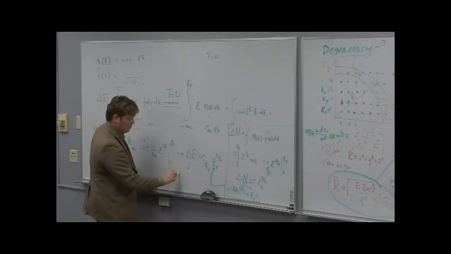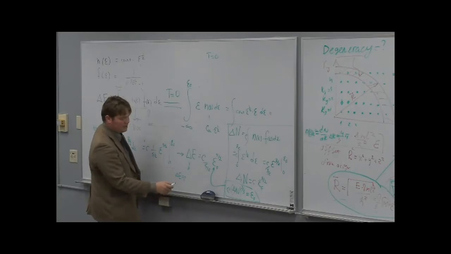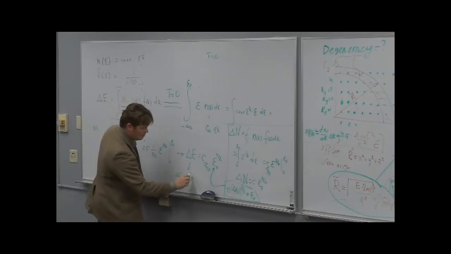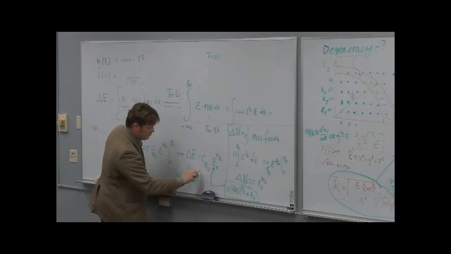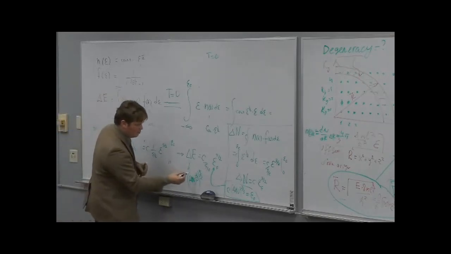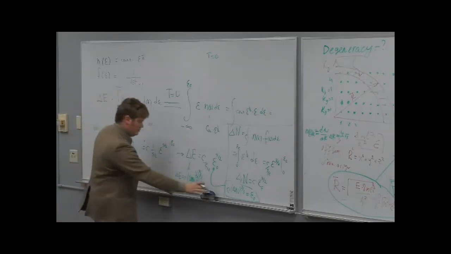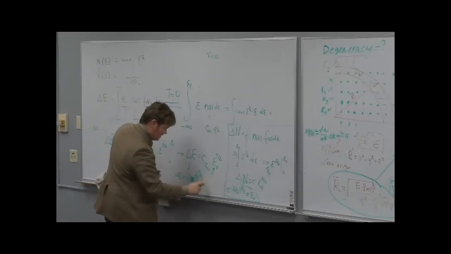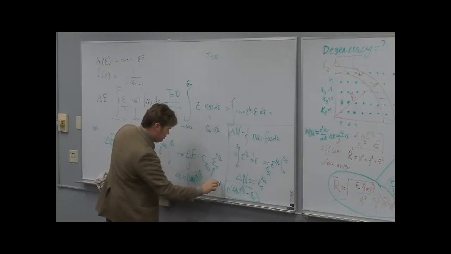So delta E will be some constants. Now, instead of the Fermi energy, we plug in delta n to the power 2/3, to the power 5/2. Good. Can we cancel the powers this way? What is wrong? So delta E equals constants times delta n to the power 5/3.